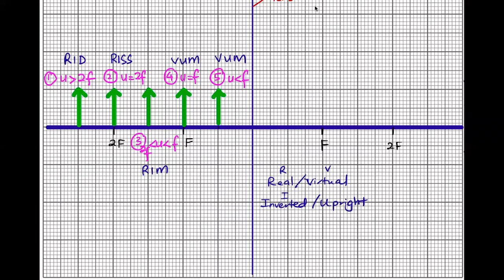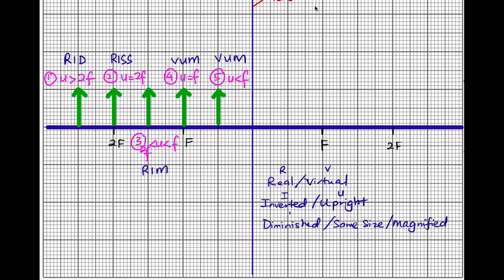Each one is 1 mark. Then the third one is the size. Either it is diminished, which means smaller, same size, or magnified.